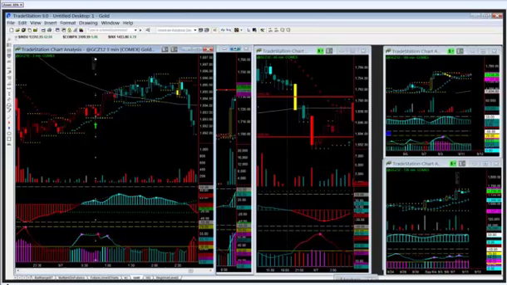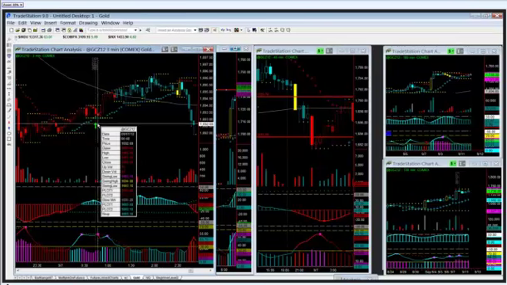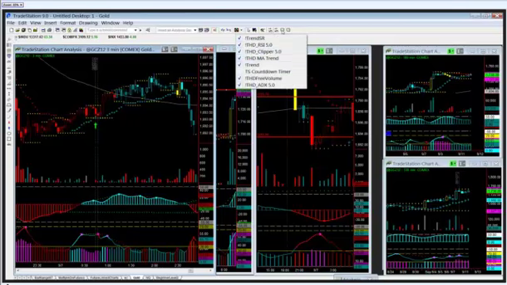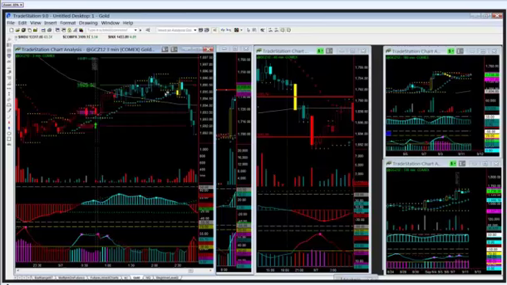What I'm looking for is diverging volume as it's coming back to test this ATR. Okay? You have diverging volume, so your entry point could be at the close of this bar. It could be at the close of this bar, depending on your trading plan. And there's your Clipper 1.